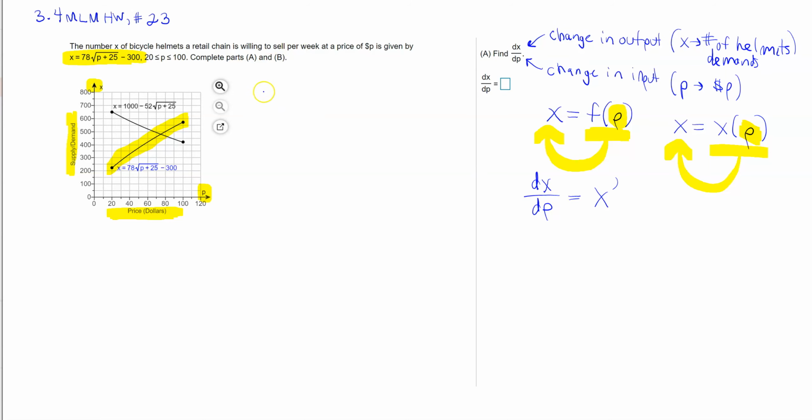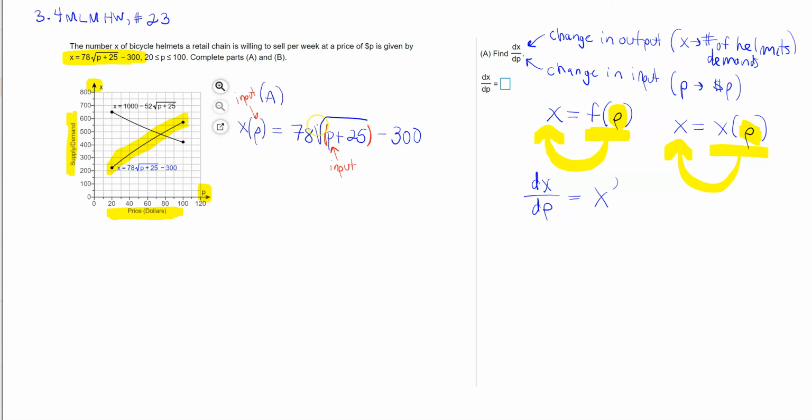I'm going to come over here where I have some more room for part A. My equation was x equals 78 square root of p plus 25 minus 300. Again, if I wrote that in function notation, I could see that my input going into the function is a p. That input is going here, which is part of this binomial.